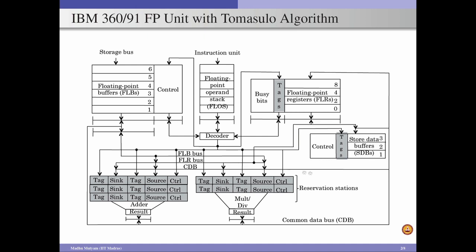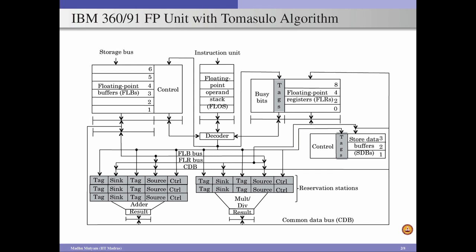And here we can clearly see there is a separate bus connecting the outputs of these functional units to the reservation stations by using this CDB, and there is a bus connecting this FLB to the reservation stations by using this FLB bus, and there is a separate bus connecting this FLR to the reservation stations by using this FLR bus.